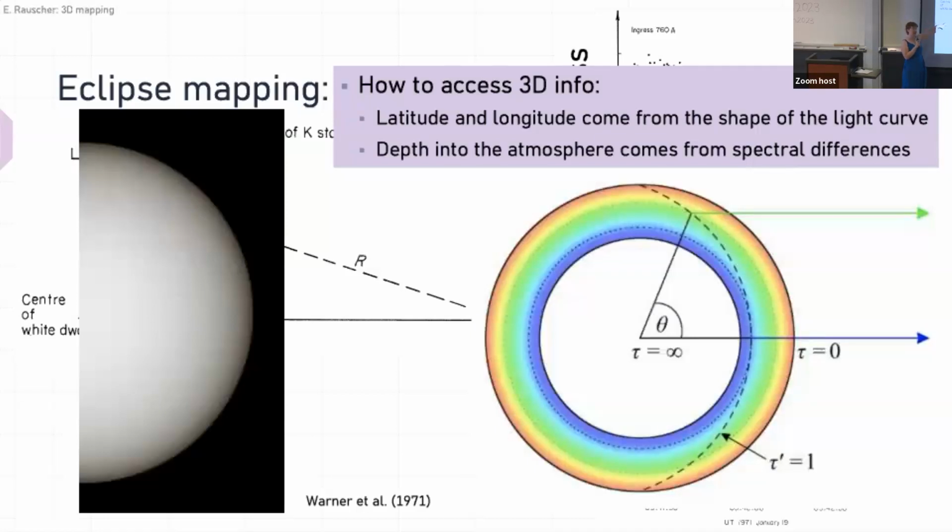And as you may know, if you've tried to fit exoplanet transits, the limb darkening changes with wavelength, because light emerges from stars differently due to different opacities in the atmosphere. And so we get 3 dimensions from the shape of the light curve and the difference in that shape with wavelength.